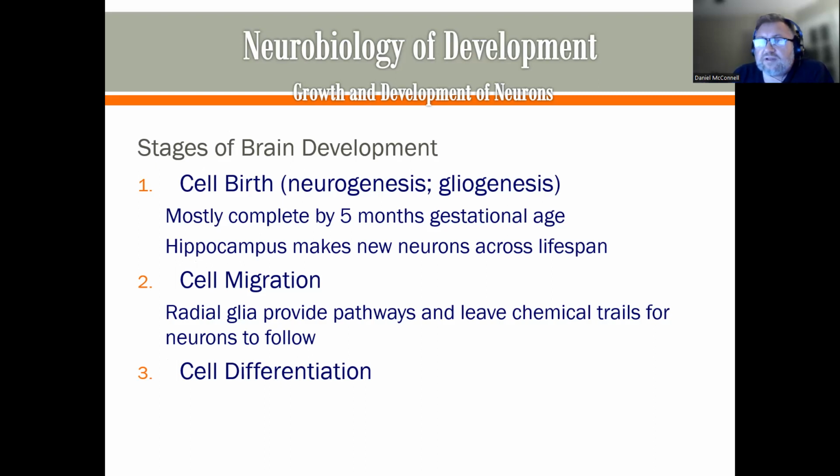It's also worth pointing out that if you've ever heard the myth that we do not make new neurons after a certain point in our life, and you can't replace neurons that might die, for example, that's technically not true. There is at least one core area within the brain that produces neurons for our entire life. That is the hippocampus and some regions surrounding the hippocampus.